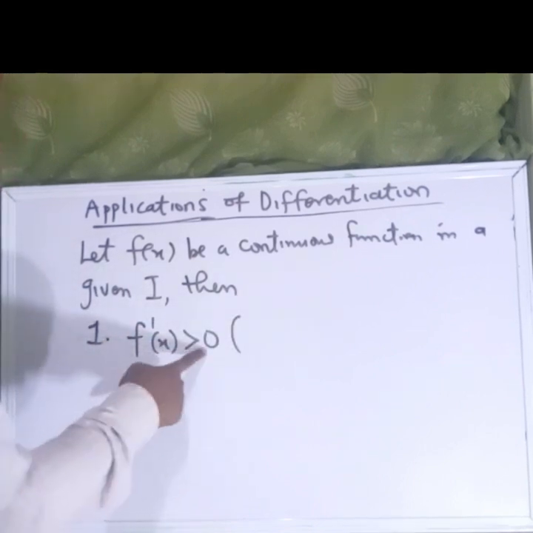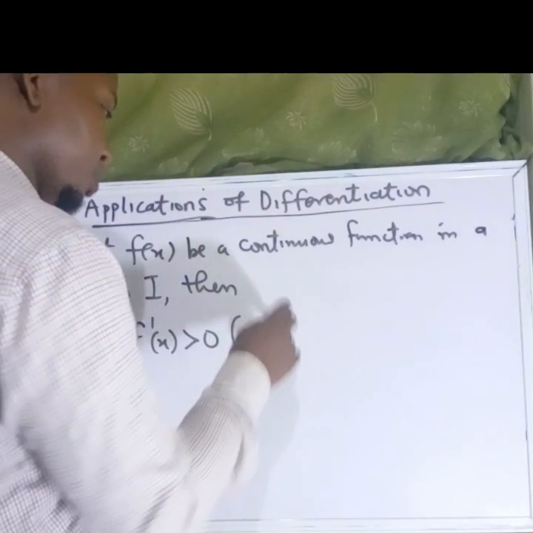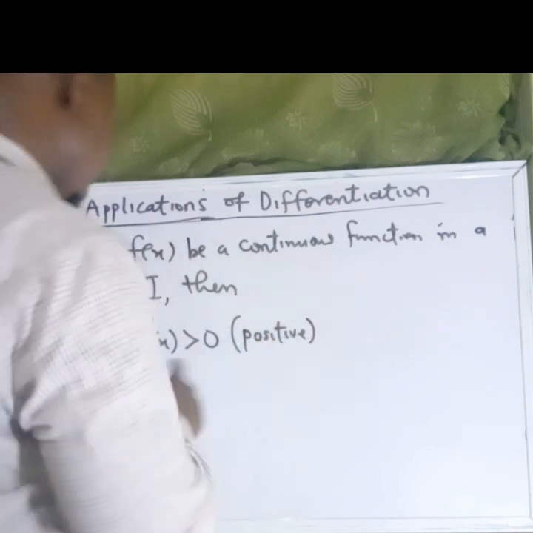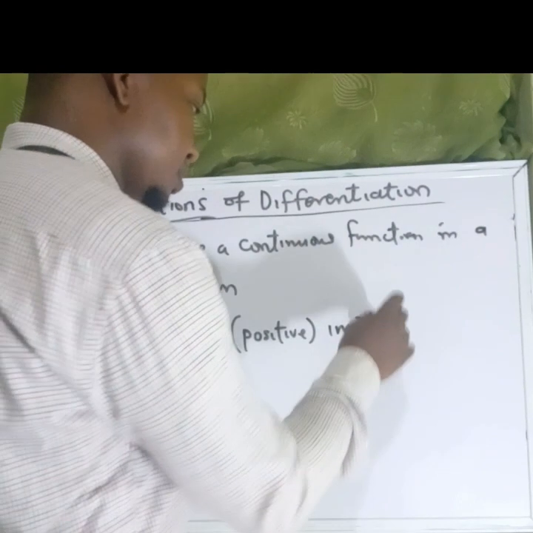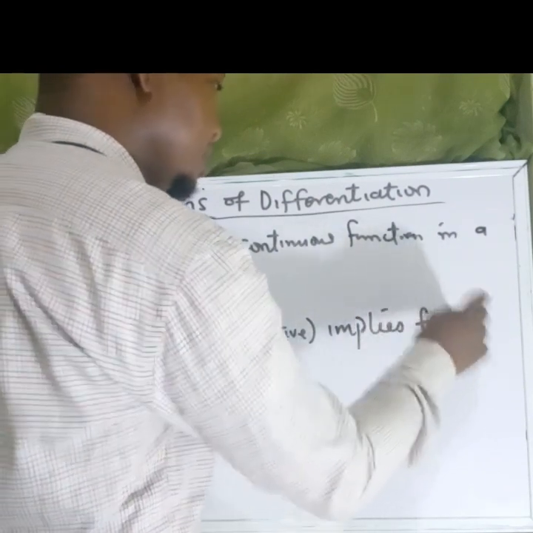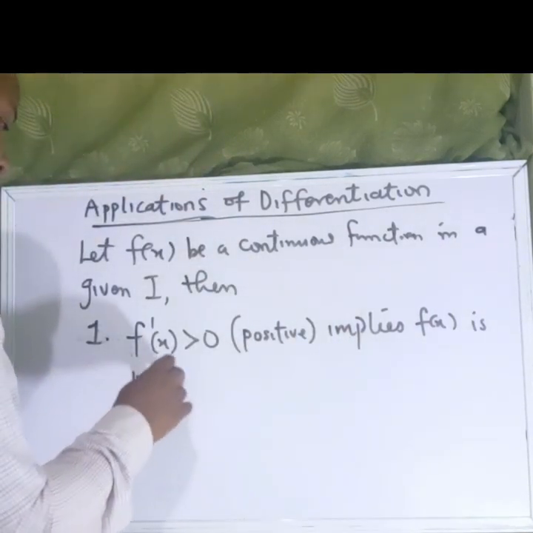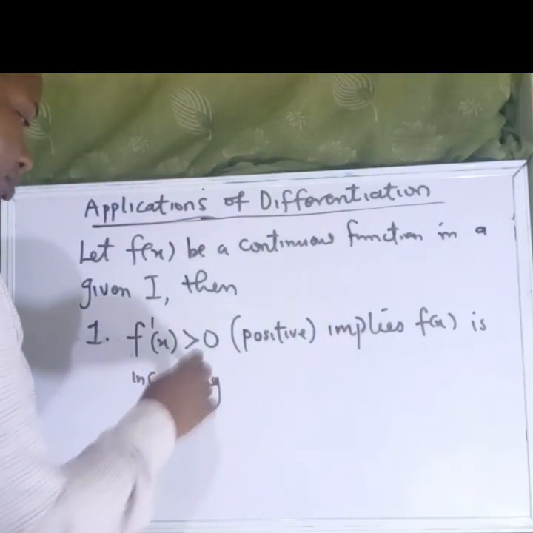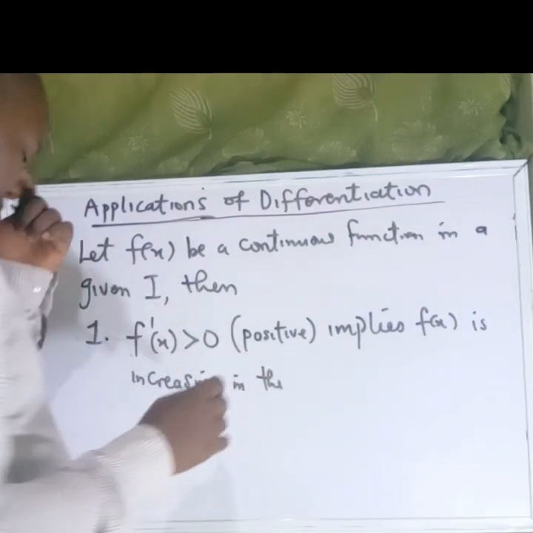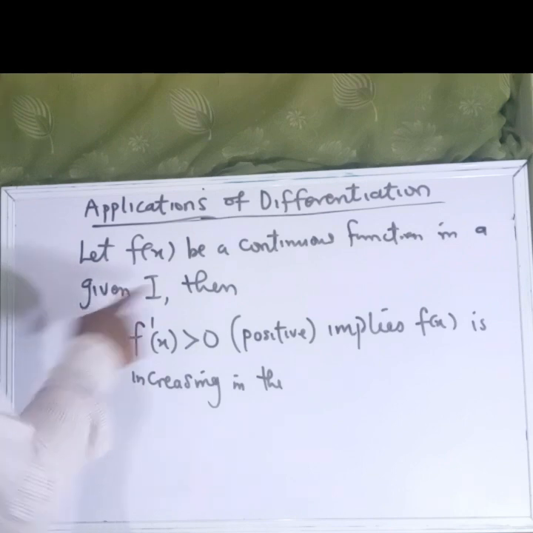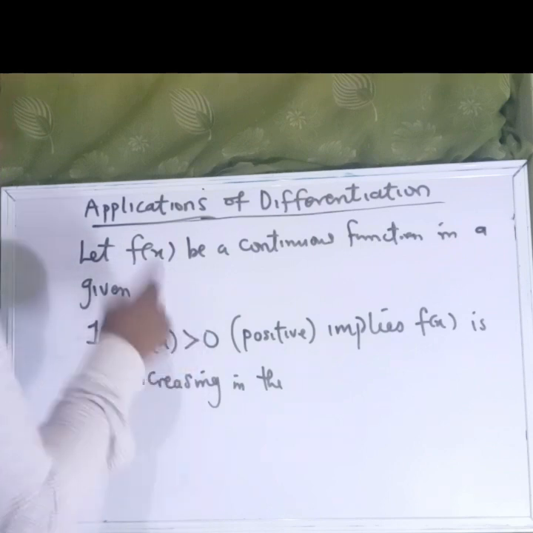When f prime of x is greater than 0, what it means is that the slope is positive. f prime of x greater than 0 implies f of x is increasing in the interval. Sorry, let's redefine this.